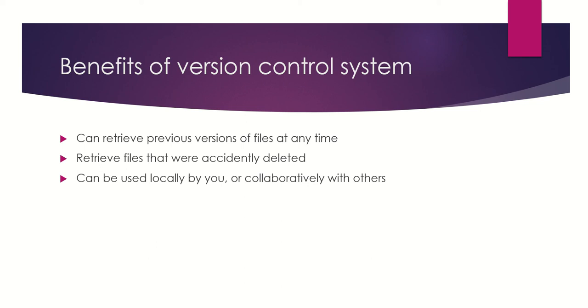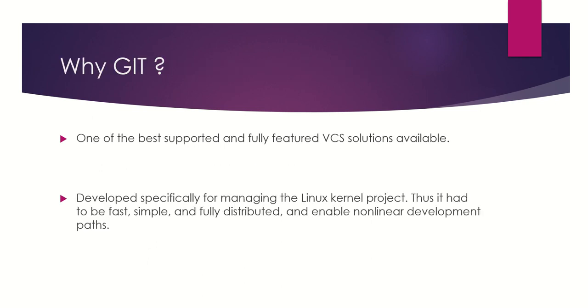It had to be simple. It had to allow for non-linear development paths. And it had to be fully distributed. We will explain how it achieved each of those criteria as we progress through the course.